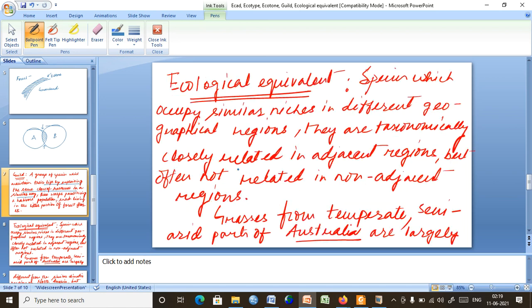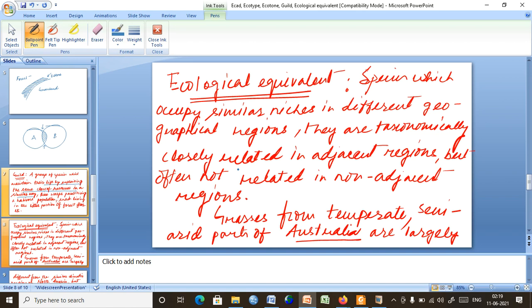And the last but not the least, ecological equivalent. Species which occupy similar niches in different geographical regions. They may be taxonomically closely related in adjacent regions or closer regions, but usually they are not related in non-adjacent regions.